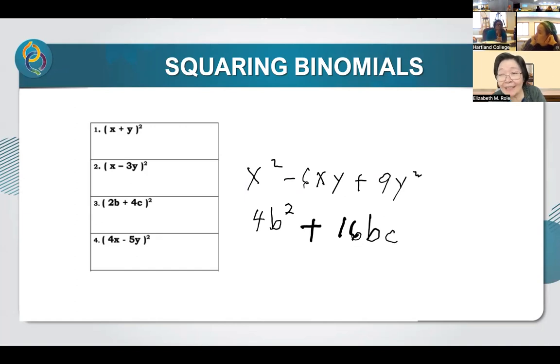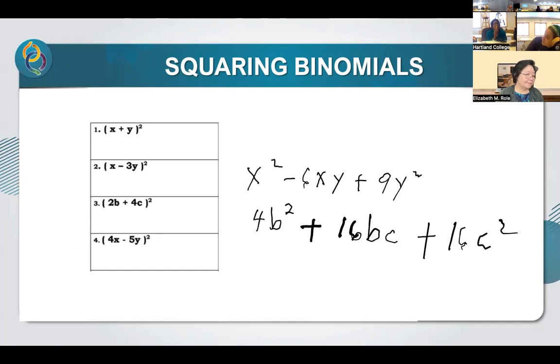We are multiplying here, so you are not combining like terms. It's multiplication. So 2b times 4c is 8bc, times 2 is 16bc. Is that okay? And then what will be the last term? 16c squared. Very good.